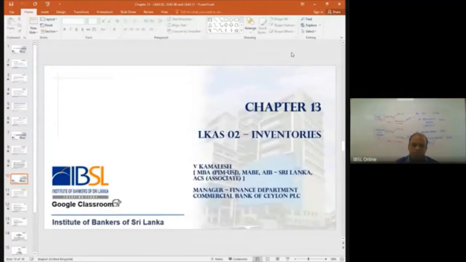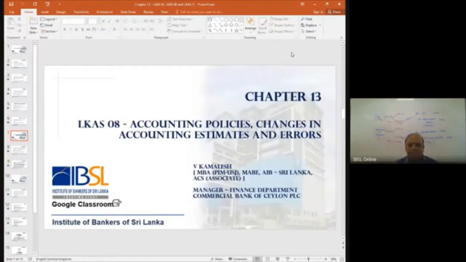So in this handout, you have 3 standards. LKS 2, we will do it in the next class, because I need to spend a little bit of time. Then let's start with LKS 8. That is slide number 7 of your handout. I hope everybody can see.